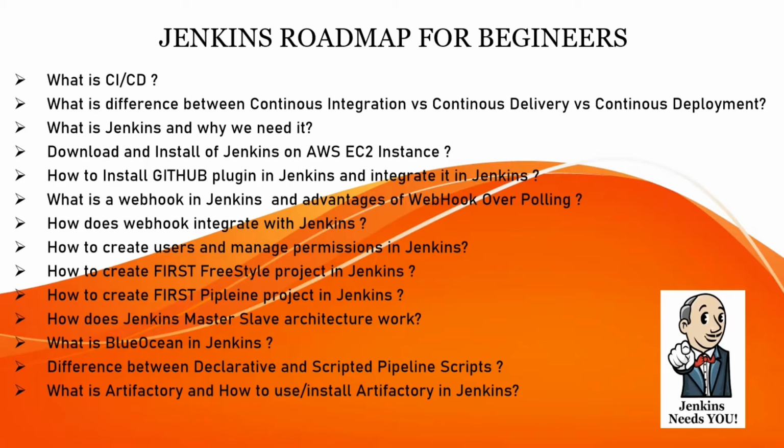Once we have installed Jenkins, the next important task is installing a GitHub plugin in Jenkins and how to integrate it. Then, another important concept we will understand is webhook in Jenkins and the advantages of webhook over polling. Once we are done with this, we will integrate webhook with Jenkins.